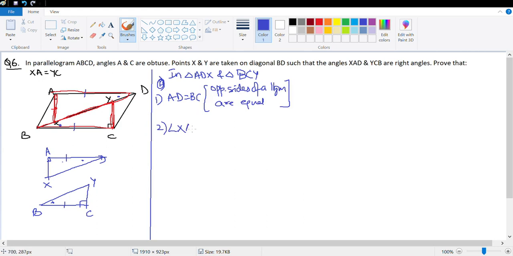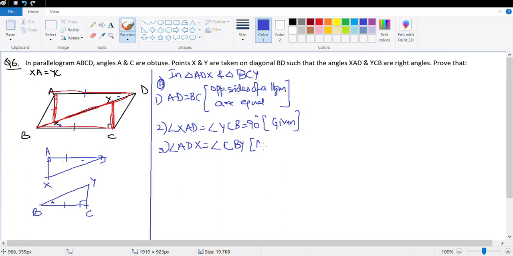Angle XAD is equal to angle YCB is equal to 90 degrees. Why? This is given. And number 3 is angle ADX is equal to angle CBY. Why?